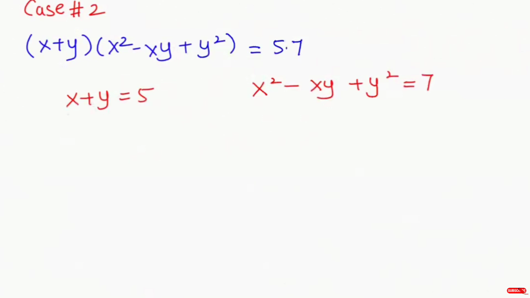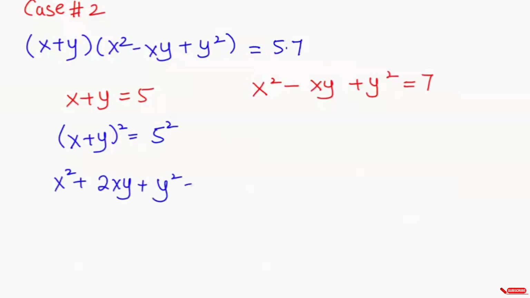Now here I'm going to square both sides. x plus y whole to the power of 2, 5 to the power of 2. Now here I'm going to apply the same algebraic identity, that is a plus b whole to the power of 2 can be written as a squared plus b squared plus 2ab. So here I'm going to write x squared plus 2xy plus y squared is equal to 25.